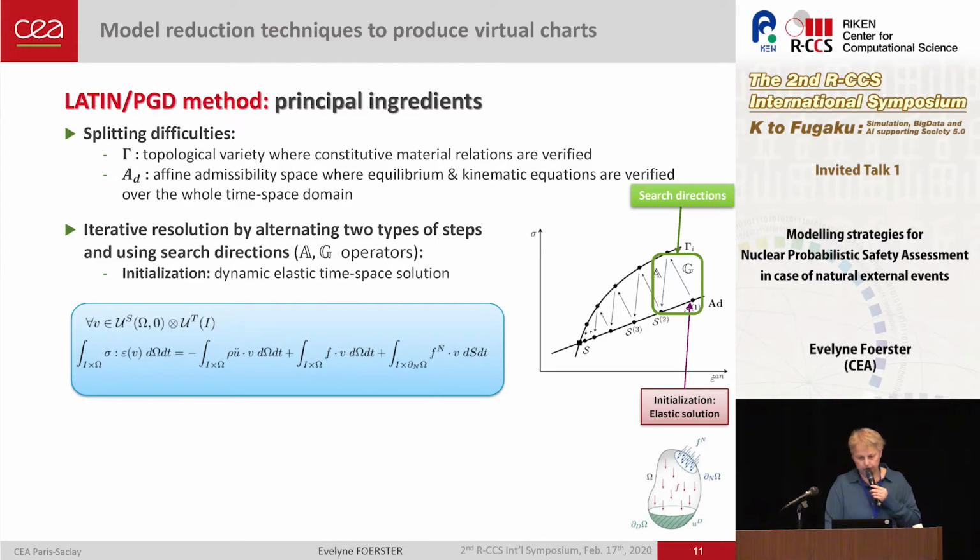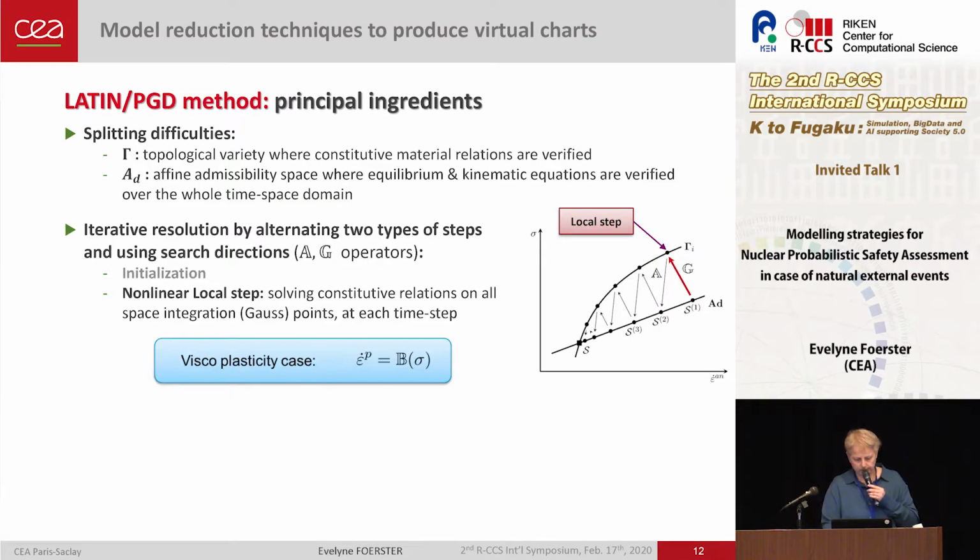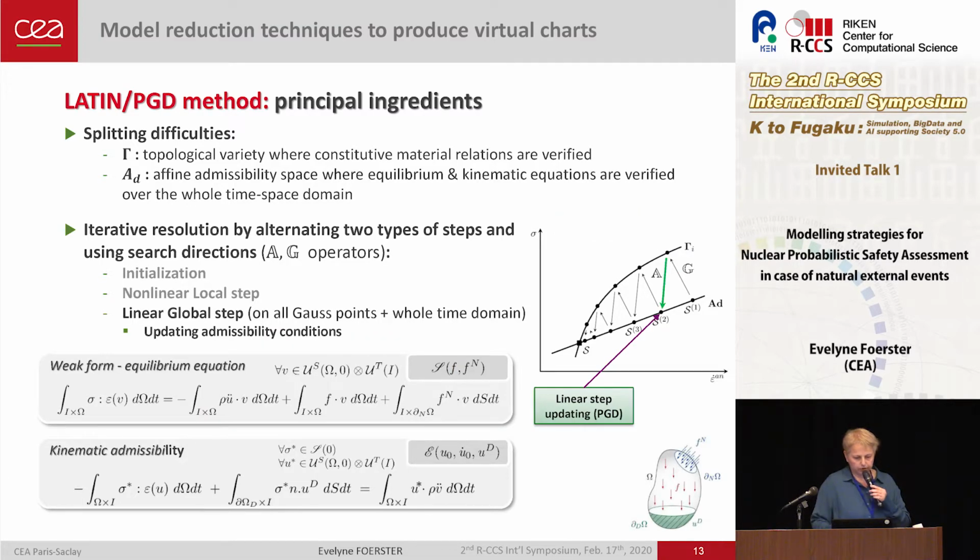constitutive modeling. So this is the case, for instance, if you have a nonlinear modeling for constitutive materials, then you will have to have a local step with respect to the initial guess, which was the global time-space guess, and you will iterate between this local step to solve constitutive relationships on all space integration points and at each time step, and to come back then to the global step also on the whole space and the whole time domain at once.